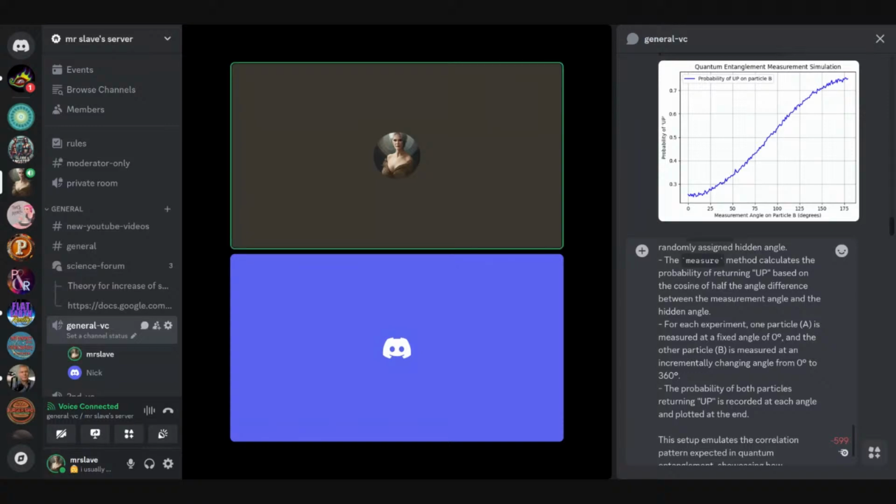at the end. How do you add? Text. Wait, I want to copy the explanation. You notice the cosine of the angle difference divided by two.